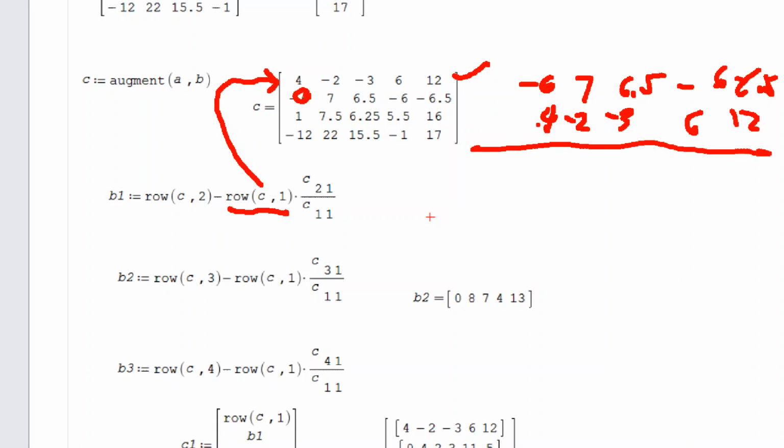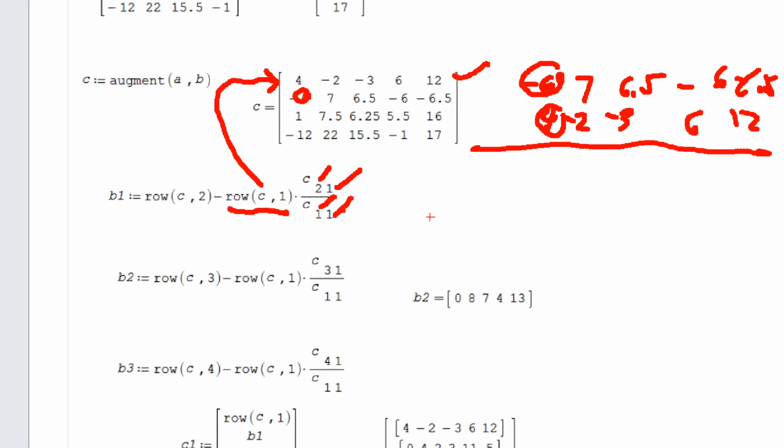Then we need to come up with a factor to multiply the pivot equation. What number was that? It's simply 6 over 4, which is actually this one and this one. That's why the address of that in our matrix is the first column of the second row, and then the first element of the first row, right?